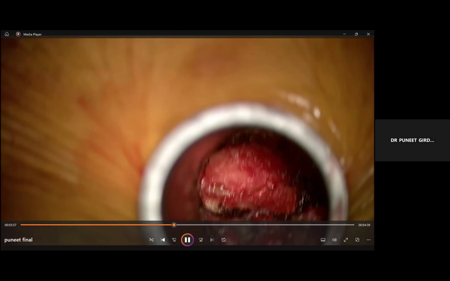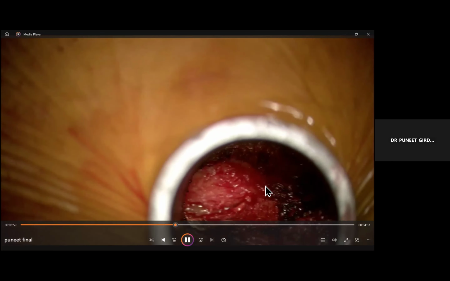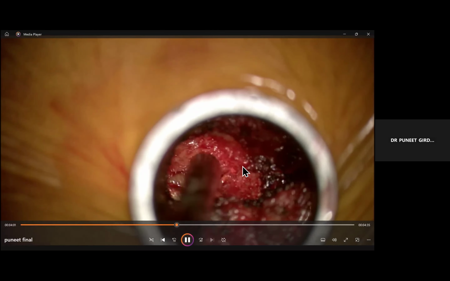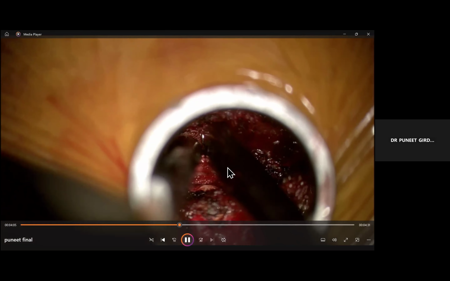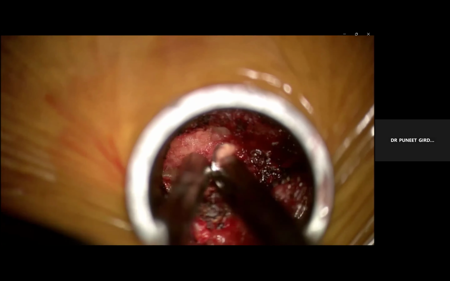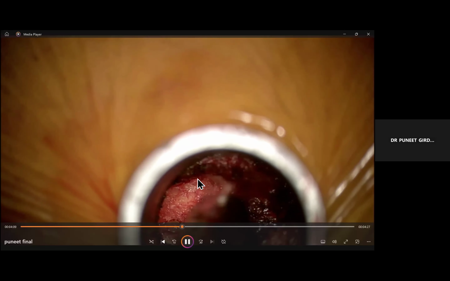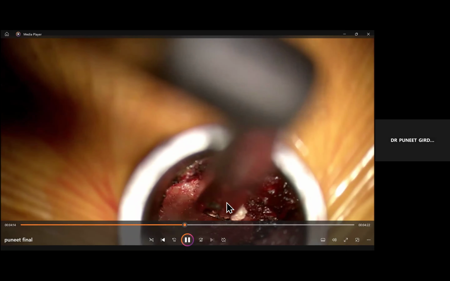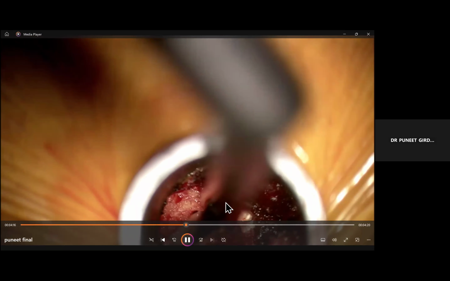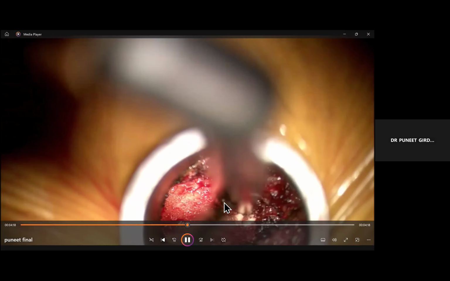That will immediately give us a wide exposure of the canal on both sides, since we have already tilted the table to the other side, and there is already an undercutting on the base of the spinous process to the opposite lamina. So you will see the entire thecal sac being exposed on both sides immediately after this.